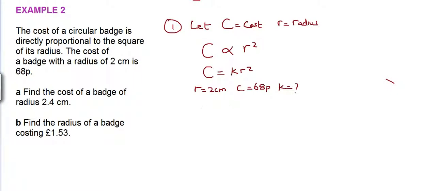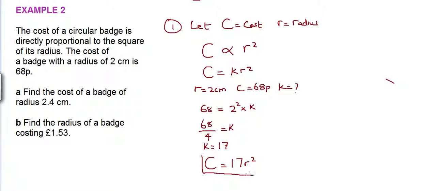So 68p equals 2 squared times k. So 68p divided by 4 equals k. So our constant is 17. So our equation can be written as c equals 17r squared. Alright, let's do part A now.